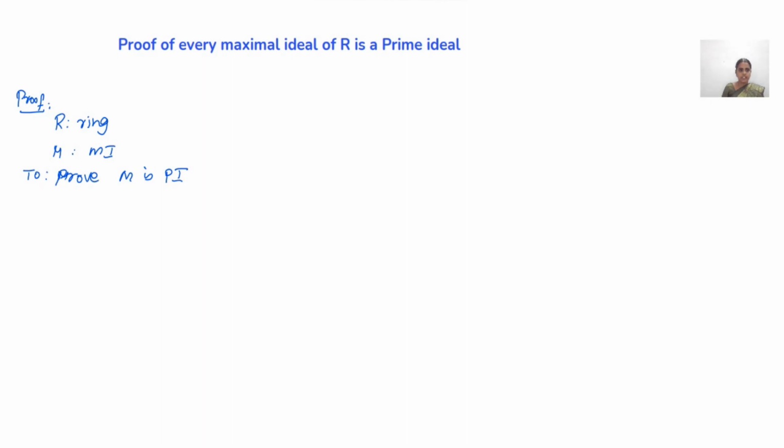By the characterization we have, M is a maximal ideal if and only if R/M is a field. This gives us that the quotient ring R/M is a field. And we know that every field is an integral domain.